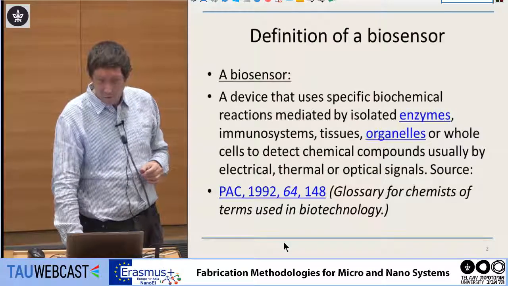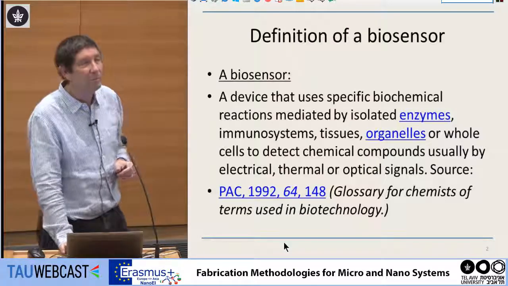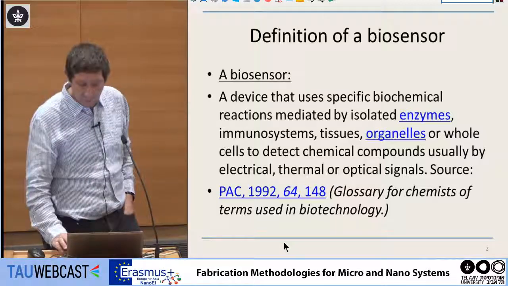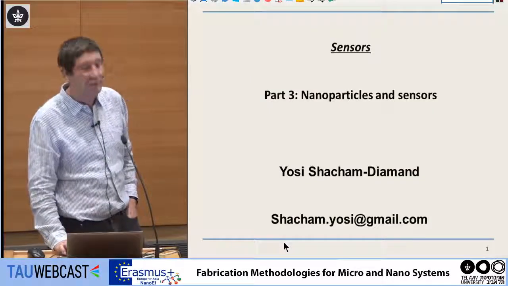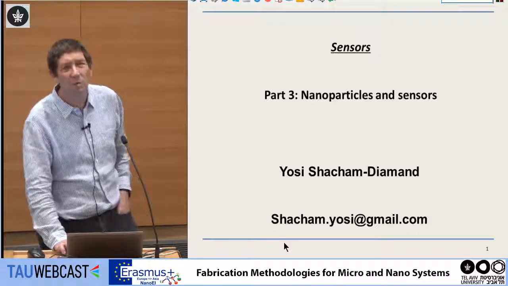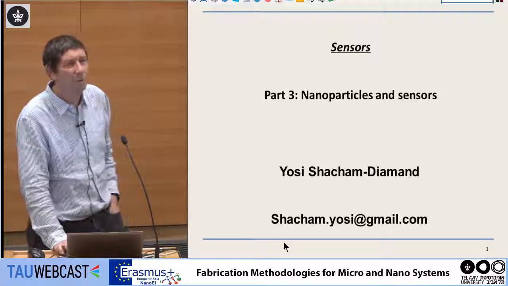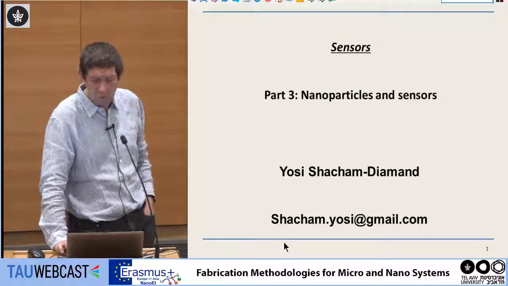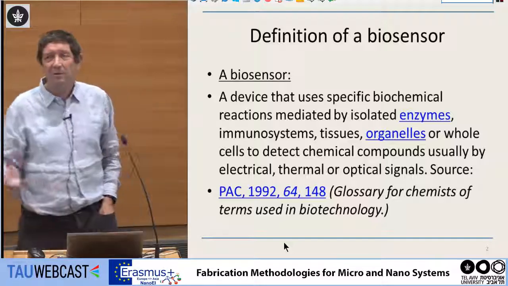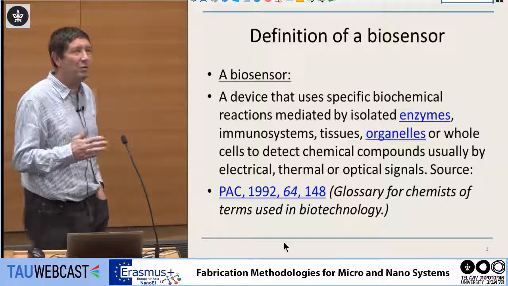Now, how do we use it for sensors? And how do we use microparticles and nanoparticles? This is nanoparticles and sensors. And it's related to electrochemistry because I'm not going to talk about too many sensors, but I'm going to focus on nanoparticles. As a sensor, as I told you before, a sensor senses a phenomenon.